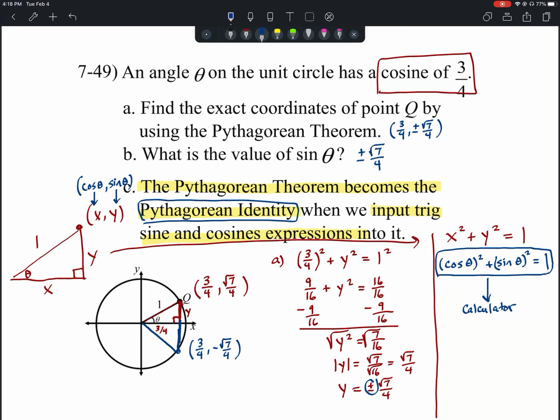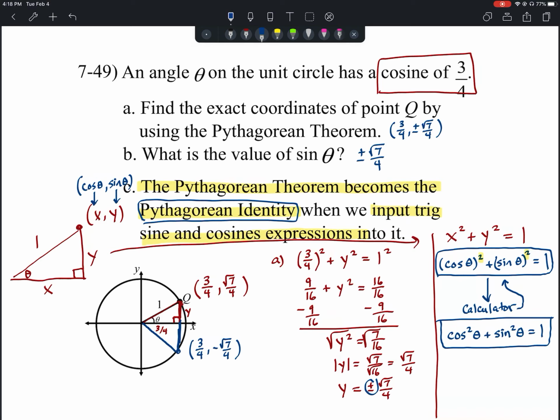What you'll actually see written by most mathematicians is they take these squared terms and they don't put them out there behind theta. The way it will be written most of the time is cosine squared theta plus sine squared theta equals 1. This is the way you will see it most of the time. Okay, it means the same thing, right?